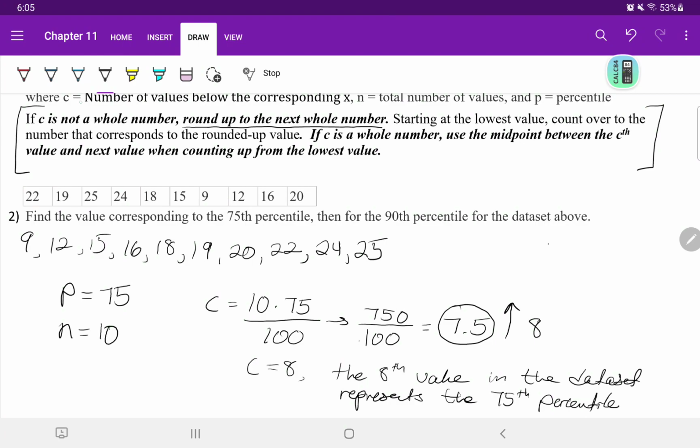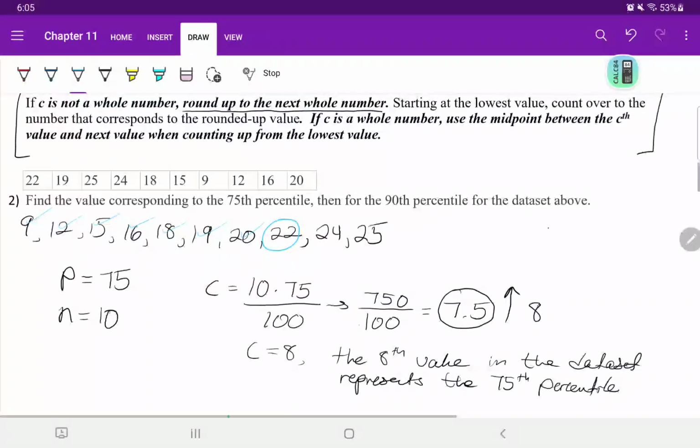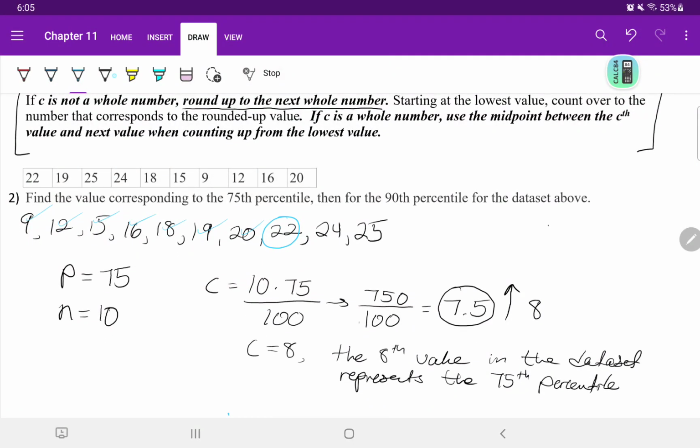Let's see what that value is going to be. 1, 2, 3, 4, 5, 6, 7, and 8. That data value is 22. 22 is the 8th value.